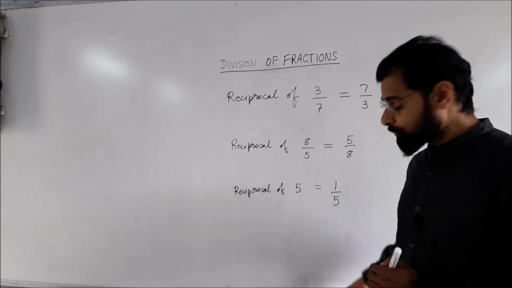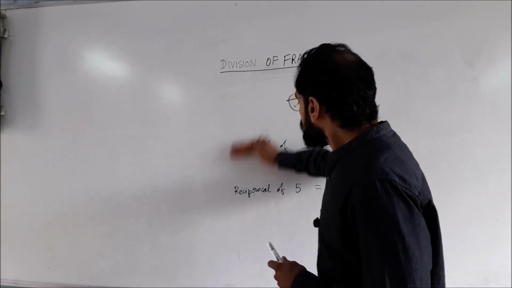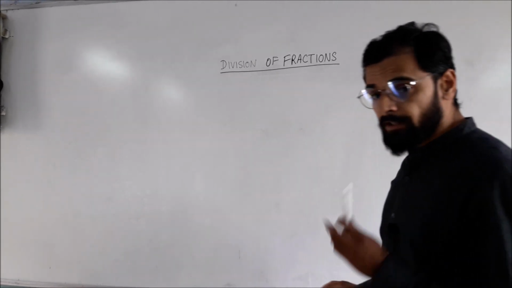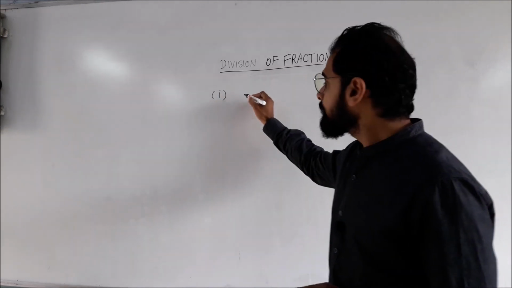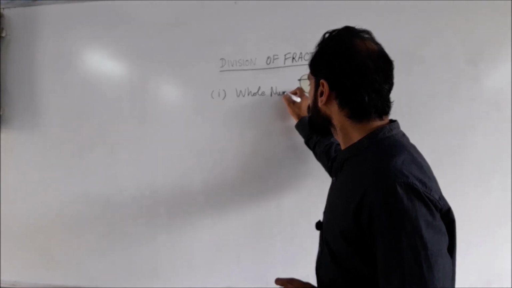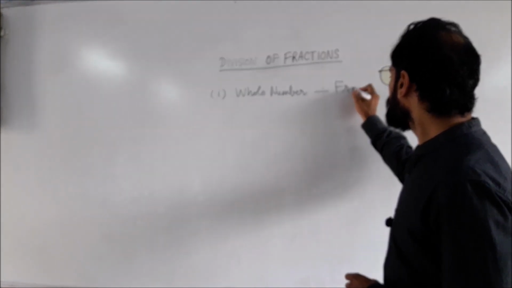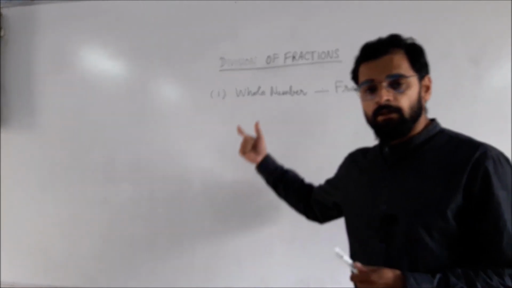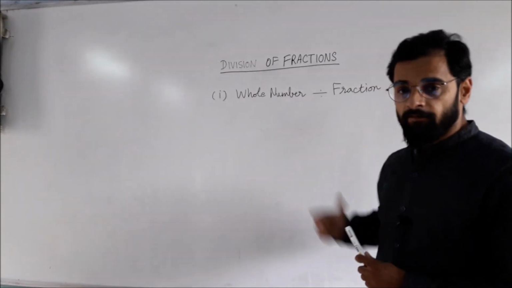Let us now move to the division of fractions. We are dividing this division mainly in three categories. First one is dividing a whole number with a fraction, that is, the whole number is the dividend and the fraction is the divisor.